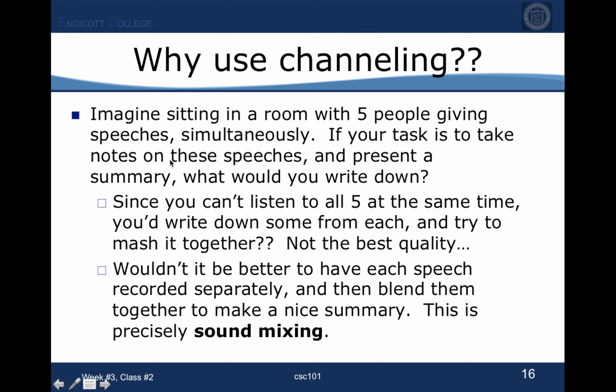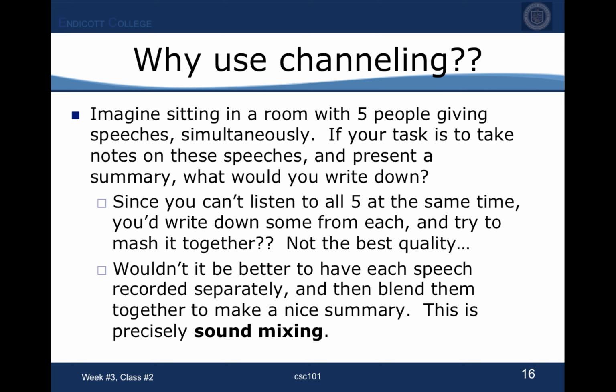So why use this, right? So we've all maybe experienced this, but imagine you're sitting in a room with 5 people giving speeches at the same time, which is probably a terrible situation. But if you're trying to record, right, and by that I mean, sort of be a reporter, I guess, on what's happening, well, I don't know what you do, right? What do you even write down if your task is to make a summary of these speeches, but they're happening simultaneously?